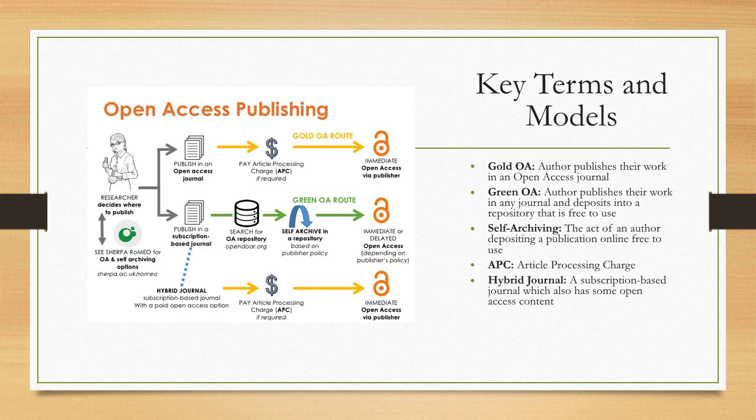There's also self-archiving, which is the act of an author depositing a publication online free for everyone to use. APC stands for Article Processing Charge, which is the fee associated with publishing an article. Lastly, there's the hybrid journal, which is a subscription-based journal which also has some open access content.